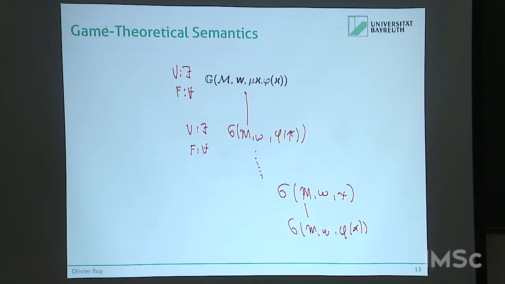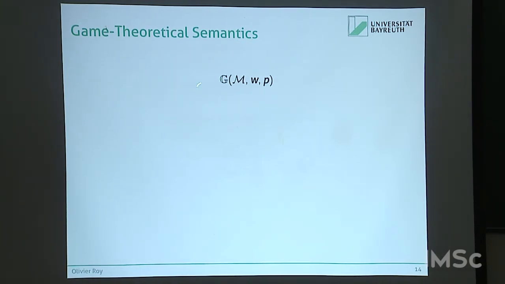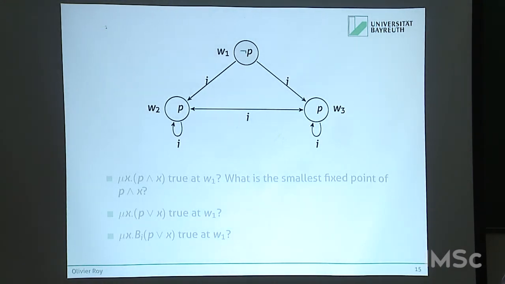And if it's a nu operator, the greatest fixed point, then if this is unpacked infinitely often, Eloise wins on that branch. So these are the winning conditions in case we hit an infinite branch, and otherwise we hit a proposition and we're done.